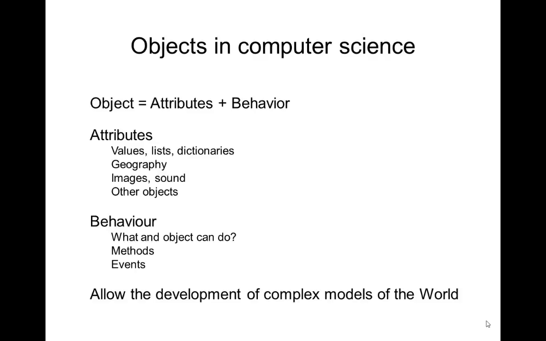And then there is behavior. Well, behavior is new. We haven't really met behavior. Behavior is what an object can do. These are often called methods. So the methods are the things that the object can do, and we'll get into what that means.